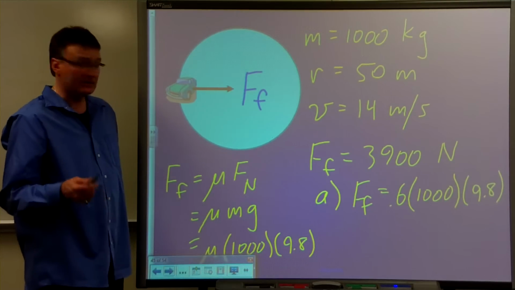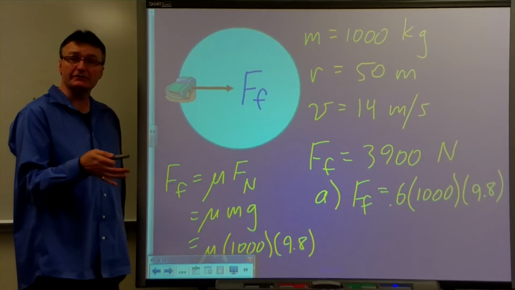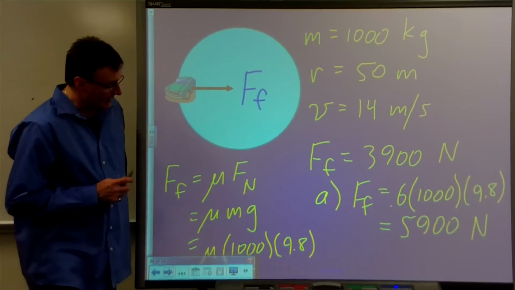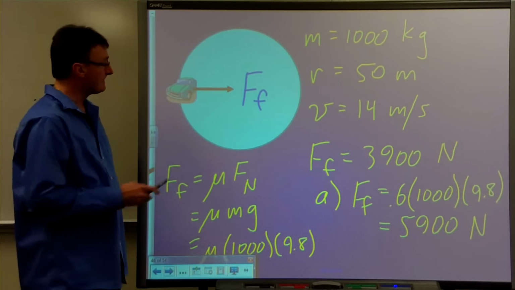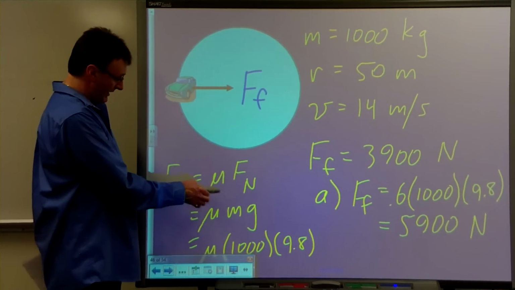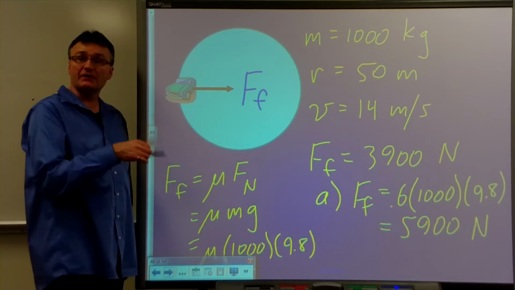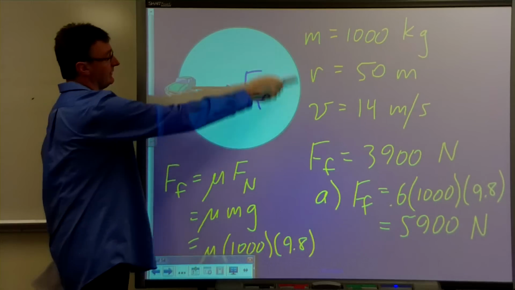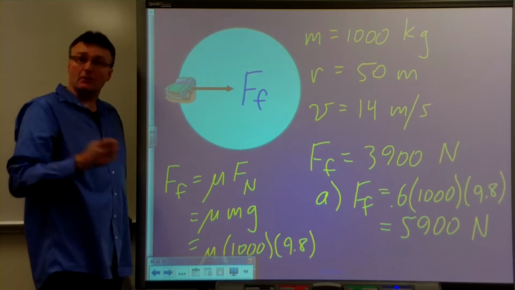So on dry pavement, our coefficient of friction is 0.6. So our force of friction is 0.6 times 1,000 times 9.8, which gives us a friction force of 5,900. So the friction force of the vehicle, mu Fn, is equal to 5,900 newtons. So that's more than enough friction force in order to keep the car moving in a circle like so. So on dry pavement, we're good.